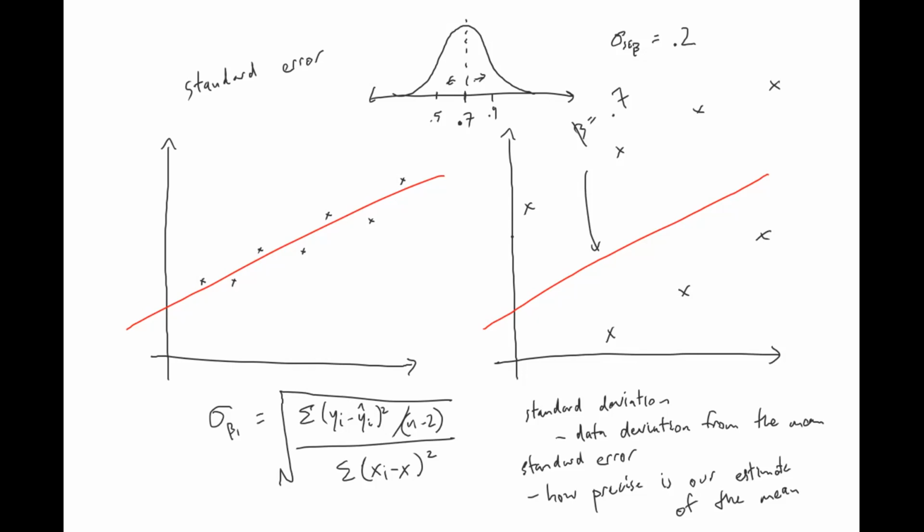And so using this normal distribution, you can say, well, it will be zero less than 1% of the time, or less than 5% of the time, or less than 20% of the time. And so we as a society have decided that less than 10% or less than 5% or less than 1%, depending on the context, constitutes it being good enough that we think there's a real relationship, right?